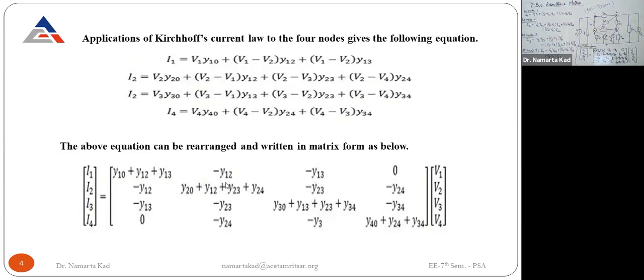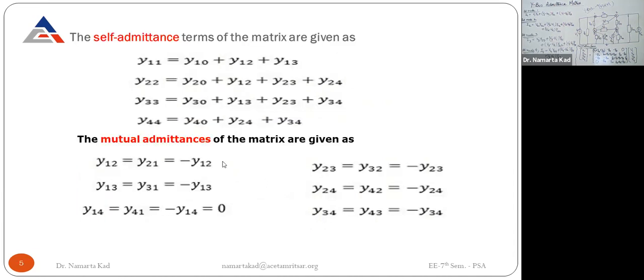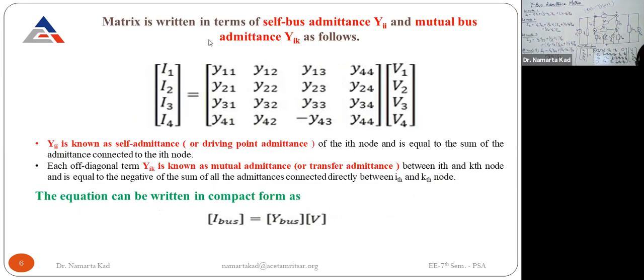See here, this one is the Y12 element, this is the Y21 element, this is the Y31 element, this is the Y13 element. So these are called the mutual admittances. And as there is no admittance connected between buses 1 and 4, it comes out to be 0.